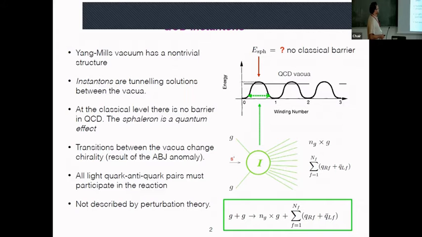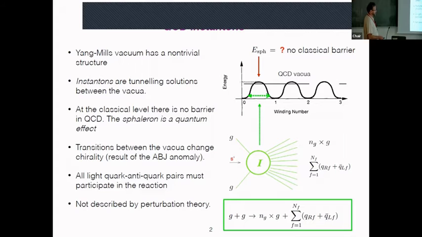Good. So the classic process I would be looking for at the partonic level is when I have two gluons, actually any two partons, in the initial state. Let's start with two gluons in the initial state. They can produce an arbitrary number of gluons in the final state plus nf quark-antiquark pairs with specific chiralities.